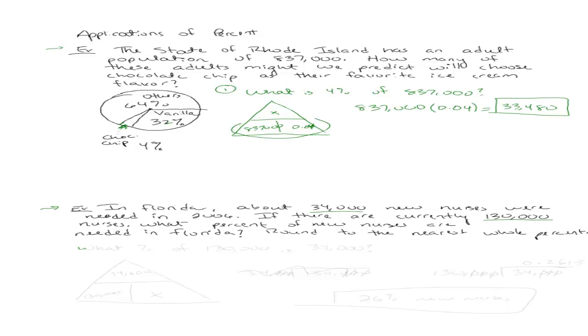So let's go ahead and write it in that form. What percent of 130,000 is 34,000? Alright, now that I have this, I can easily convert it into my triangle. So my is 34,000, my of is 130,000, my percent is unknown.